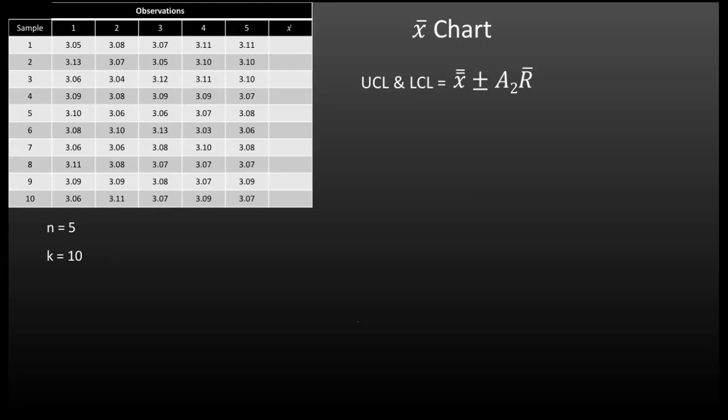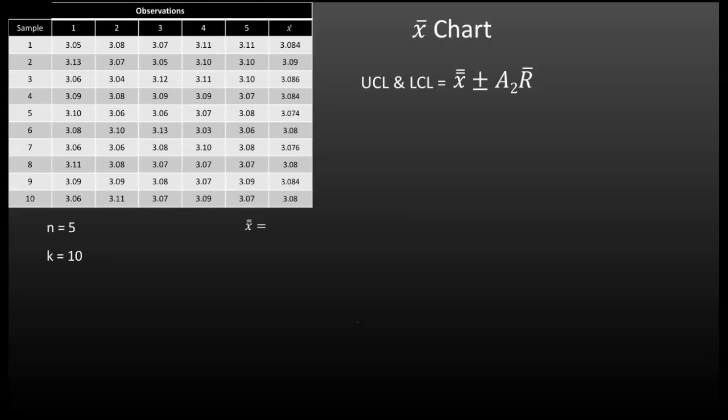If we take the average or the mean of our first sample, we will get an X bar of 3.084. Now, we need to do that for each of the 10 samples. So, those are the X bars that you should get.